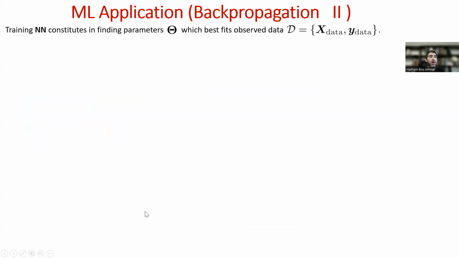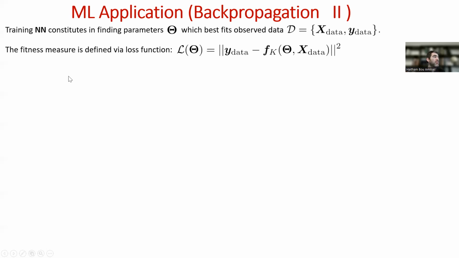Now, how do we tune that? We typically start with some observed data set. Here we consider the supervised learning regime. We have data with labels, and the ability of the neural network to fit that data is typically characterized by a fitness measure, usually defined through the loss function.